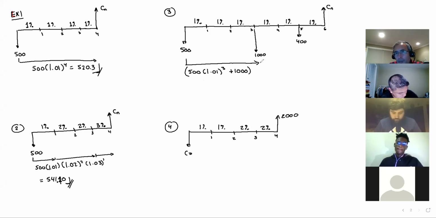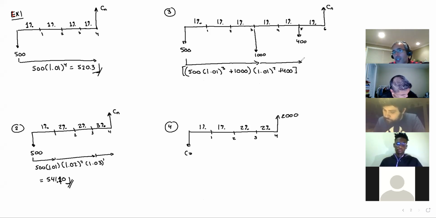And then I move this capital 2 periods, so I will multiply this by 1.01 power 2. Then I enter 400 more. So this is the amount of money I have at period 5, correct? And then I move this one more period, multiplying by 1.01. And that's it. Or guys, if you want, you can move the 500 to period 6, 1,000 to period 6, and 400 to period 6. It's exactly the same.